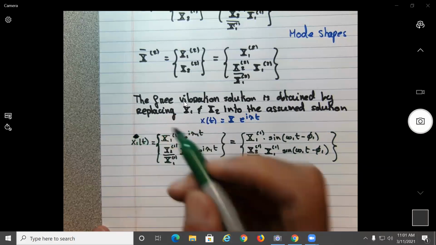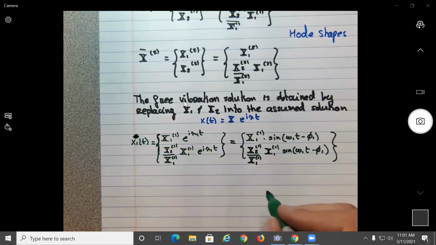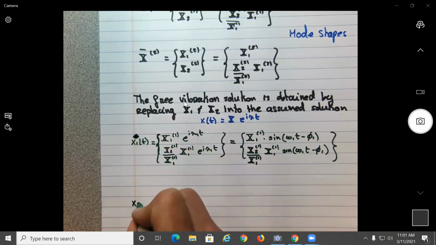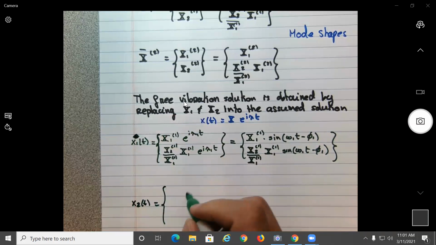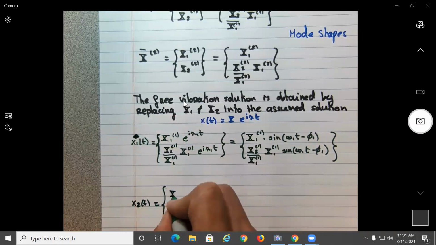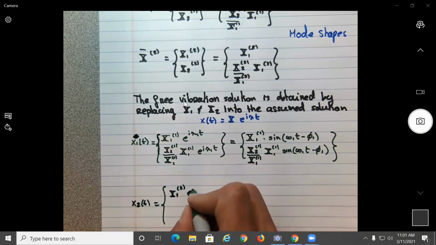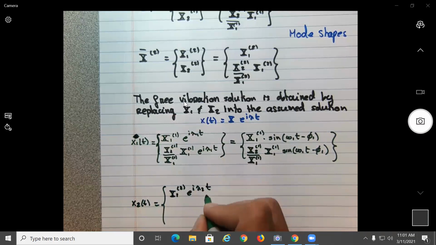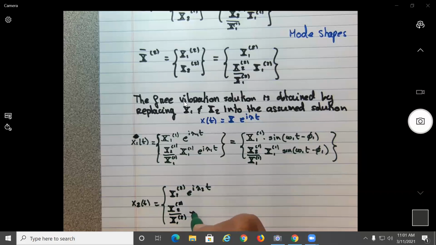It doesn't matter, this is notation, and x2 basically will be exactly the same thing, but this time for the second one it will be x1,2 e^(i lambda 2 t) times x, I lost this expression, 2, x1,2 e^(i lambda 2 t), oops, I forgot here to put an x.